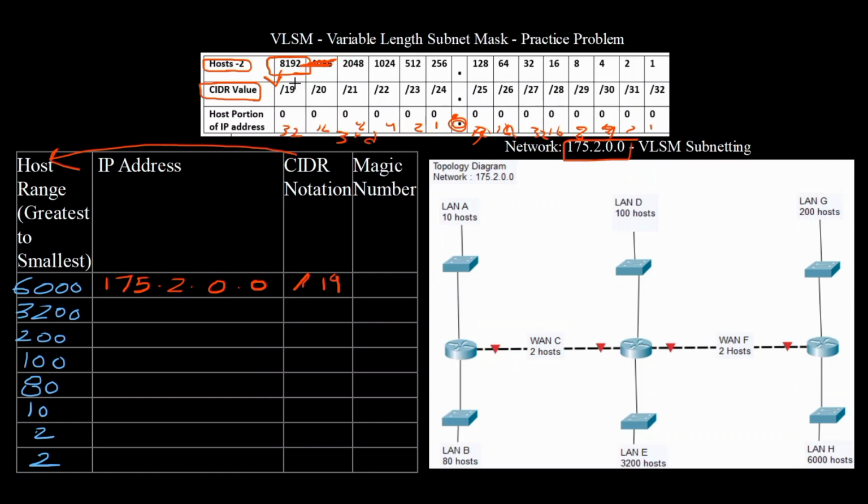Here for the magic number, we selected this area. The value is here, this bit is on, and it's 32. So our first magic number is 32.